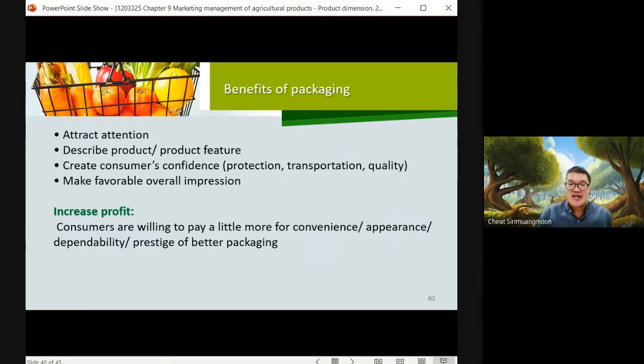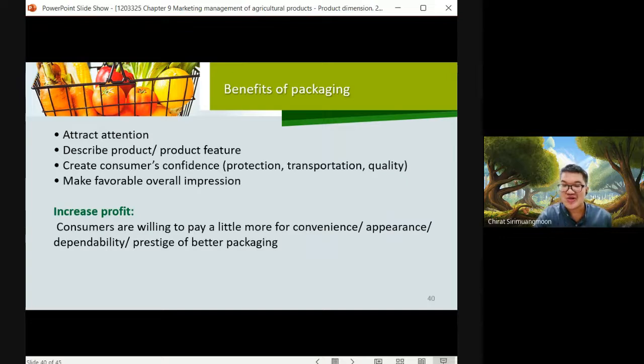Okay. Then sometimes, packaging can increase the profit in some cases. Like in Japan, they create packaging to look very good, so the consumer wants to buy the product. Sometimes it's just for the packaging, it's just for the package that looks good.